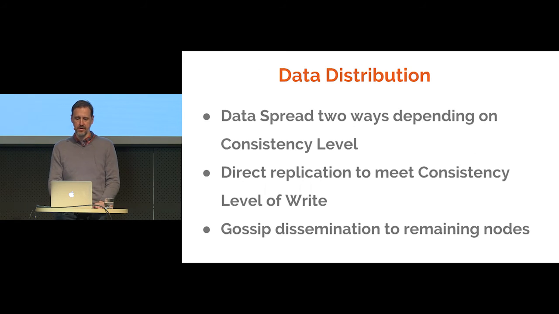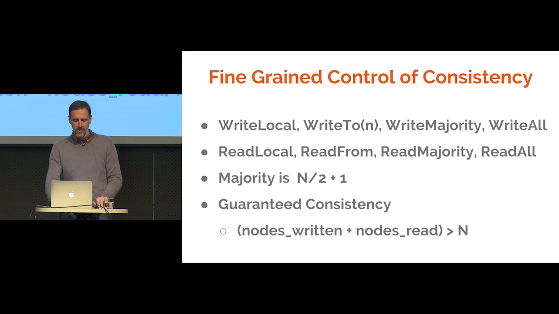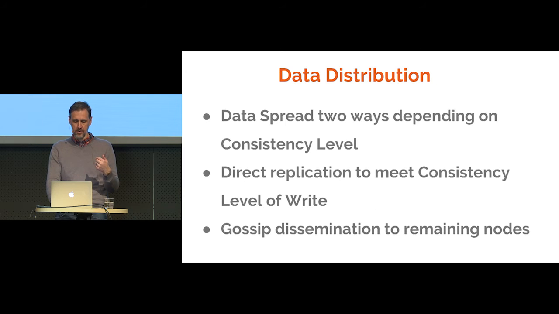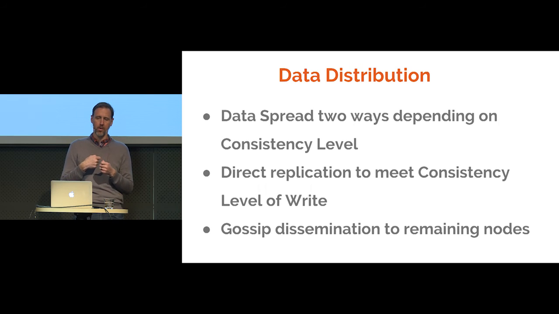So the way the data is distributed, going back to this, I'm saying how many nodes do I need to write to or read from. So the way that data gets distributed depends on the consistency level. When I say write local, it's going to just write to the local node and then asynchronously, using gossip, disseminate that out to the remaining nodes in the background.